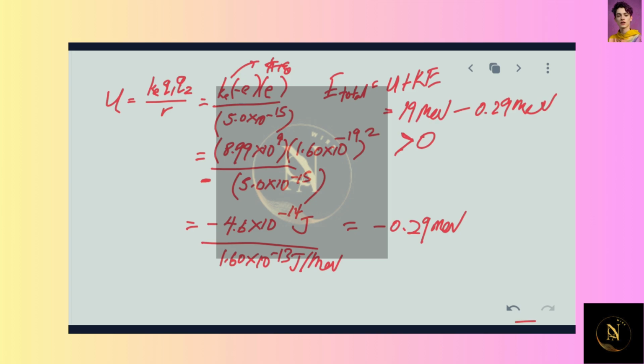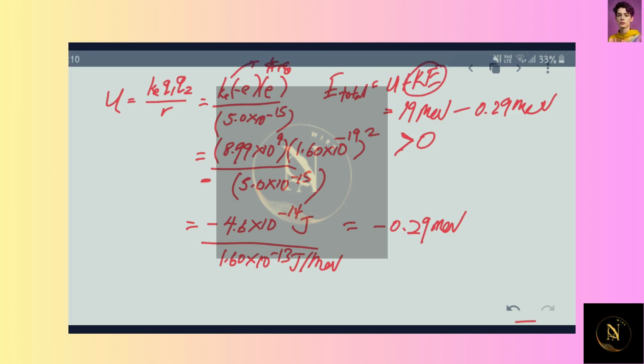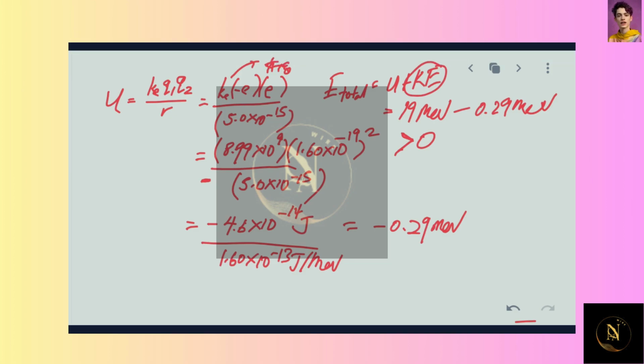And this positive value tells us that our electron is not bounded when it is inside the nucleus. It has positive energy, so it can escape very easily, because it has such a large kinetic energy that it can overcome the negative Coulomb potential energy.